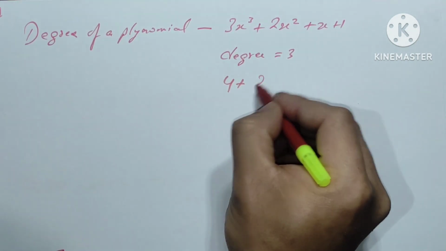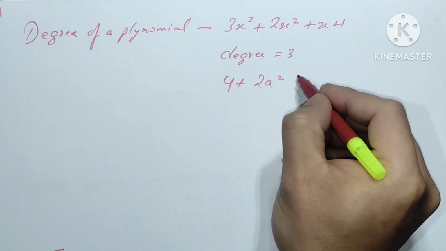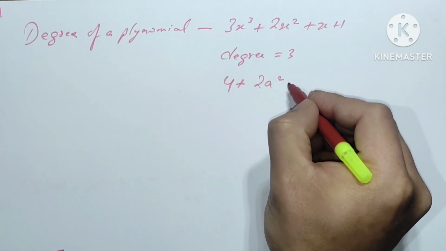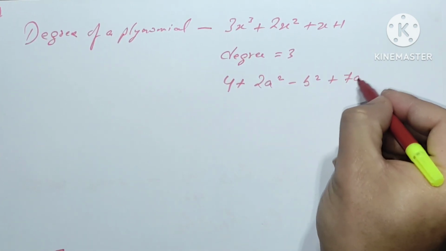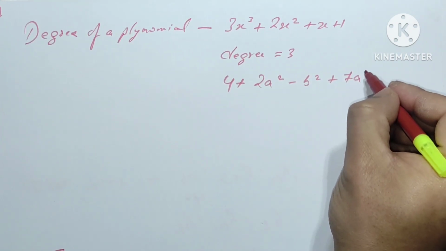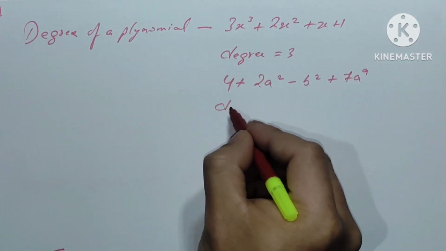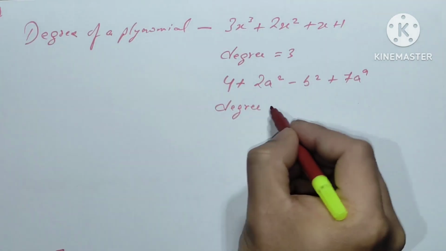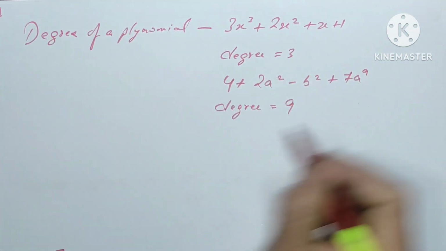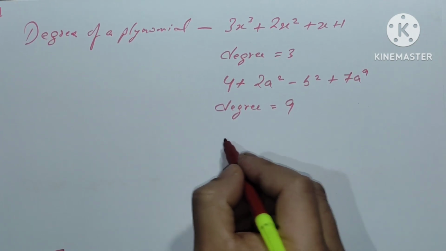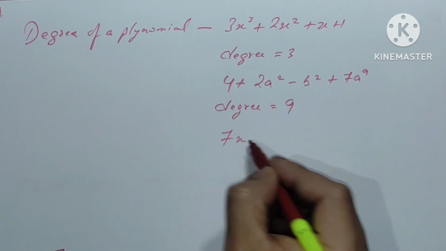Let's see one more example. 4 plus 2a square minus ba square plus 7a to the power 9. Here the degree is 9 because 7a to the power 9 has the highest power.